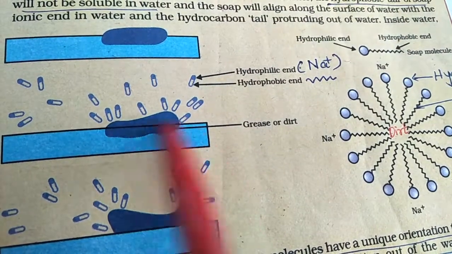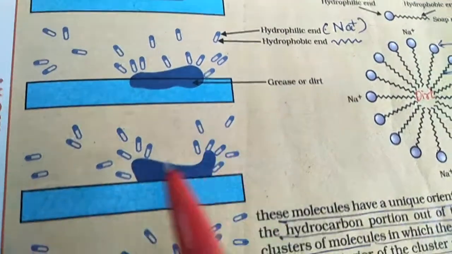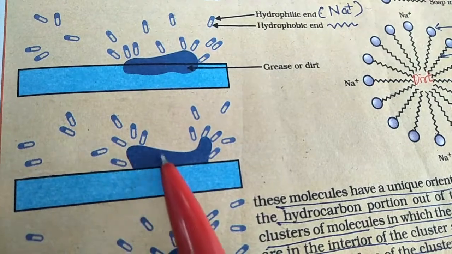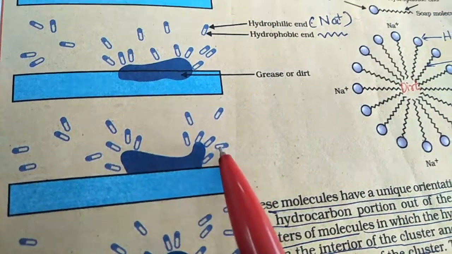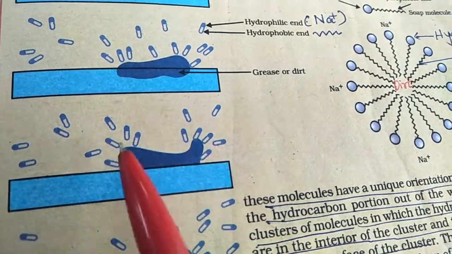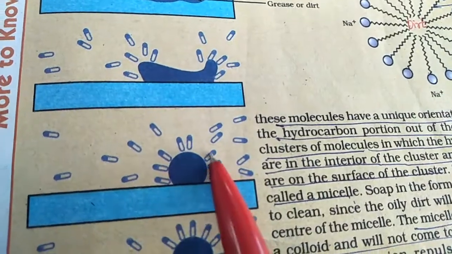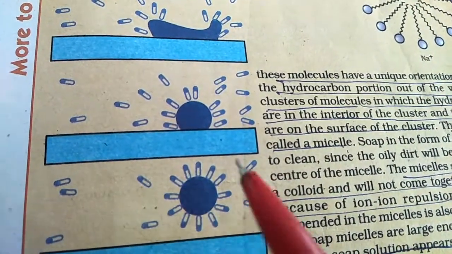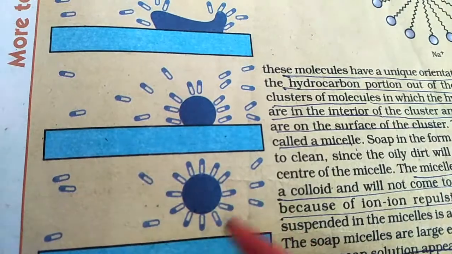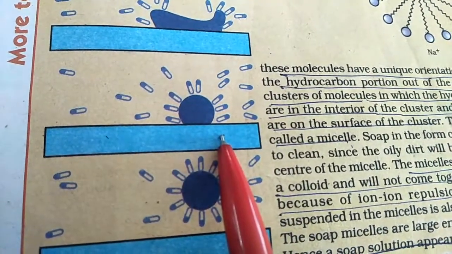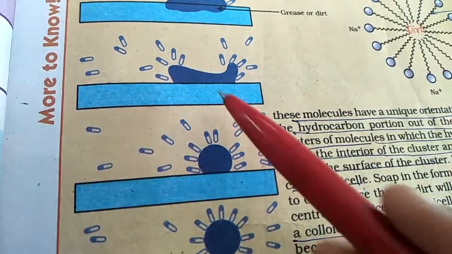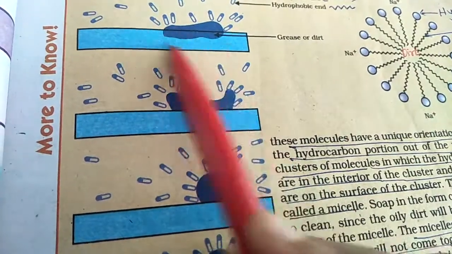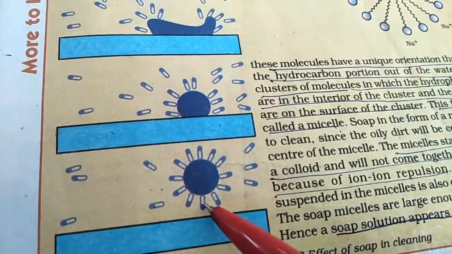This is the dirt or the grease. All the molecules are attracted towards this dirt, but which end? This is the tail part which is sticking to it, and gradually it forms a micelle, pulling the dirt away from this surface.